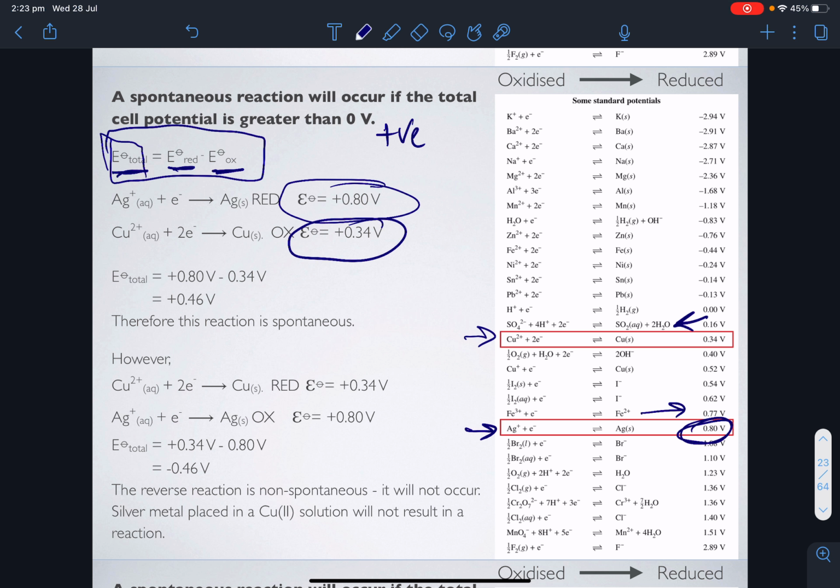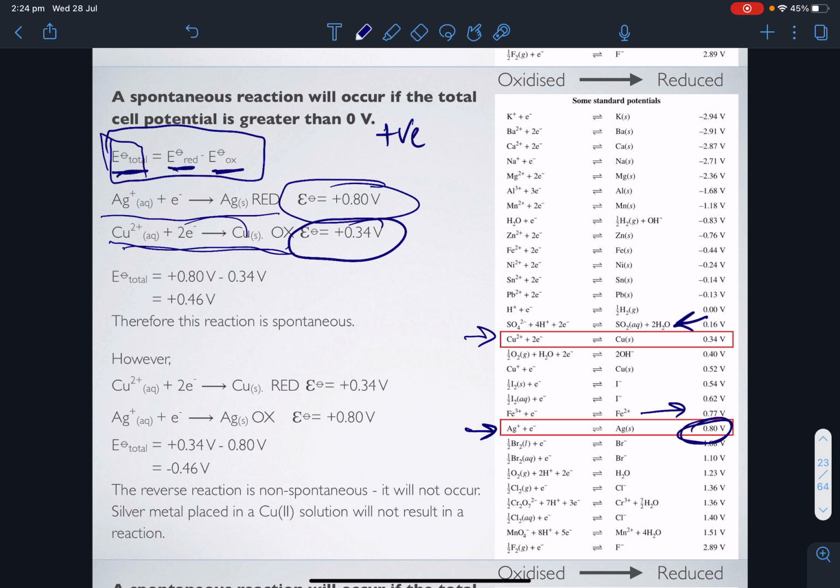And for our copper, even though we've still got the reduction one here, it's 0.34. I haven't reversed it, I've just kept it the same way around. They're both reduction equations, but here I'm saying it's the oxidation one. So we know as chemists it's actually going in the reverse way, but I've kept the voltages just as the voltage that's on the page.